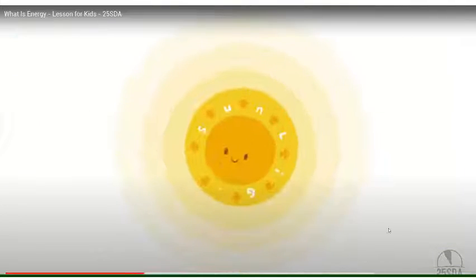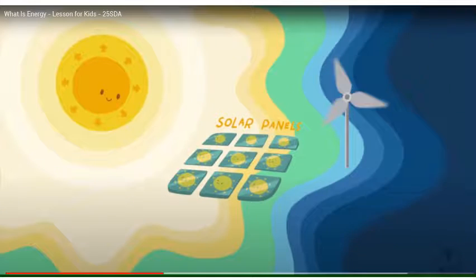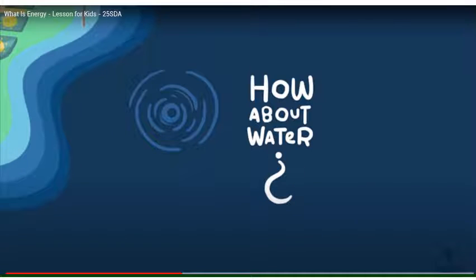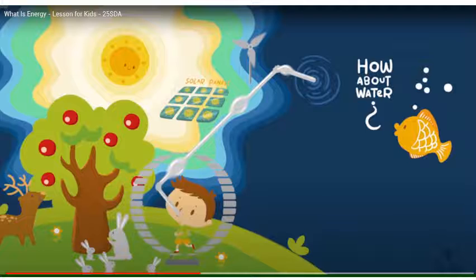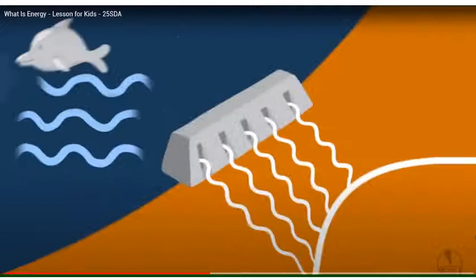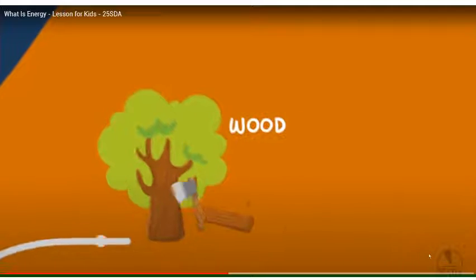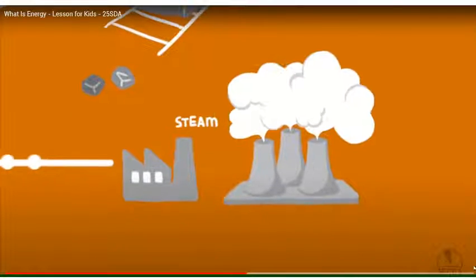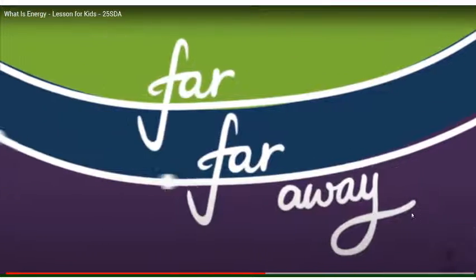Energy from the sun can generate electricity using solar panels. We can also use wind for motion energy. How about water? We need to drink it every day for our energy. Water's movement in rivers and dams also produces energy. There are so many amazing and creative ways we can create the energy that comes through wires into your home, often from far, far away.